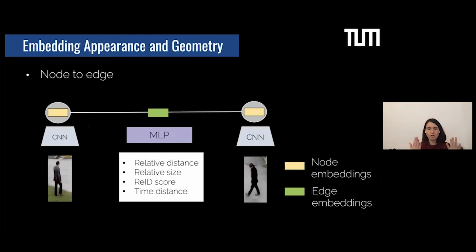Like, you can look at these two images and say, for example, how similar they are. And this is also in there in the form of a re-identification score. But we're also interested in knowing the relative size, the relative distance in image space, or even in 3D space if we have that information. And of course, the time distance. This all has to be encoded in the edge embedding through an MLP.